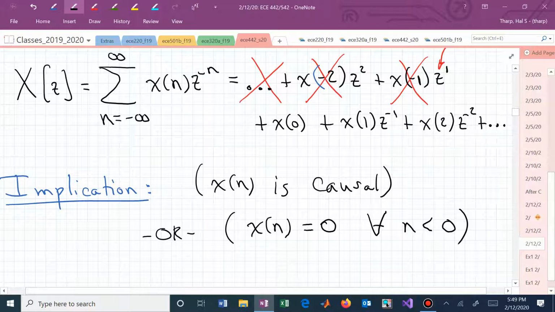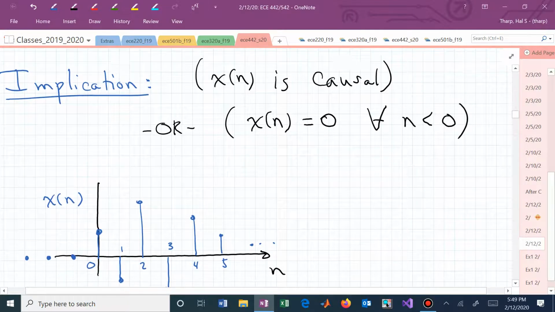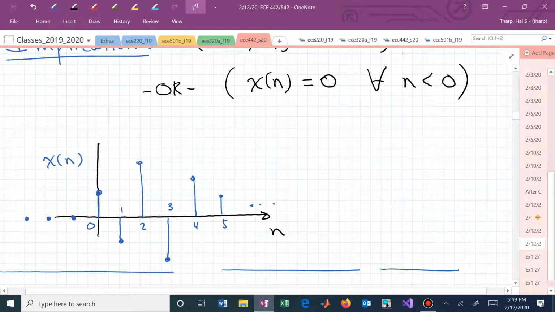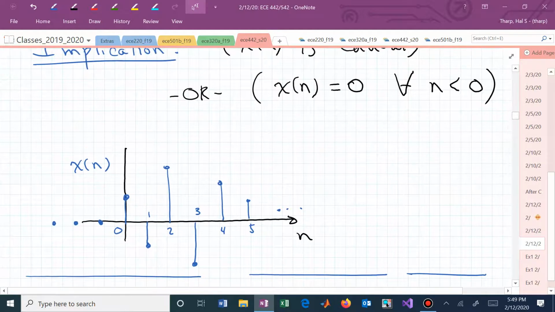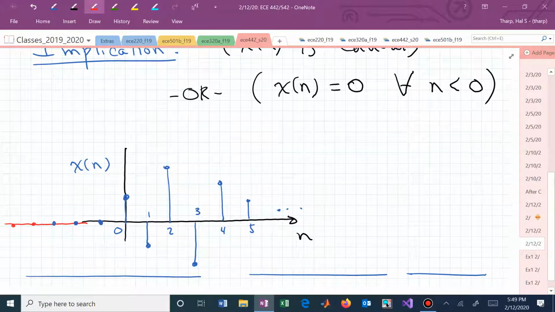That's the implication of pattern 1's region of convergence. And we haven't said anything yet about these values for x of 0, x of 1, x of 2. But here could be a picture of what we have now in existence. Everything over here is 0. Everything that's to the right can be non-zero.